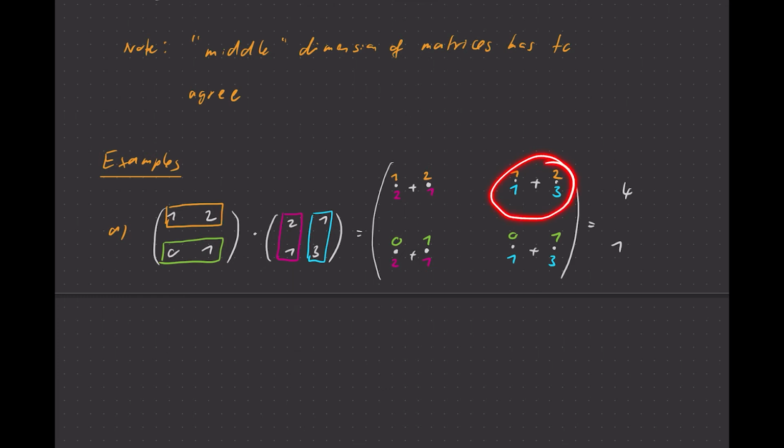Here we have a 1 plus 6, that is a 7. And finally here we get 0 plus 3, that is a 3. So the result is this 2 by 2 matrix here, 4, 7, 1, 3.